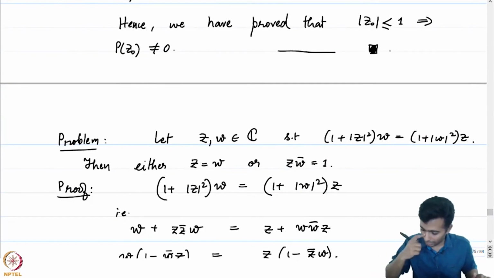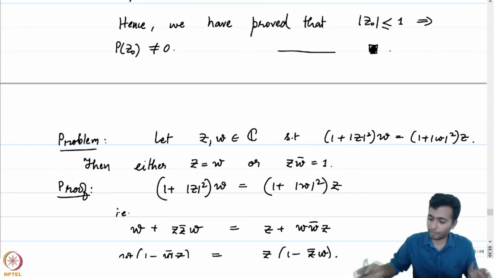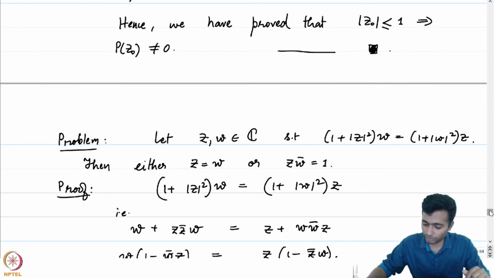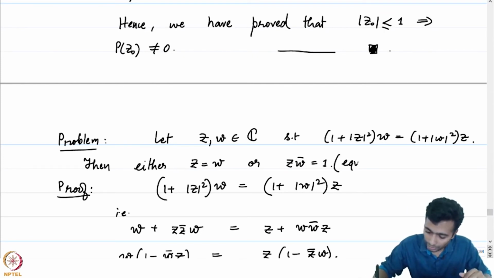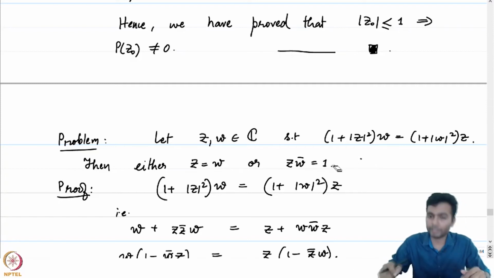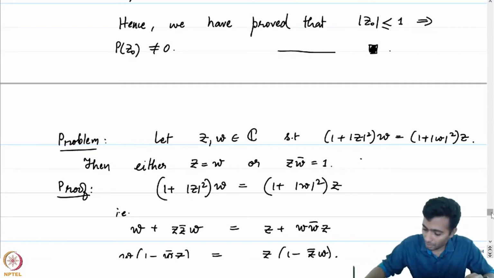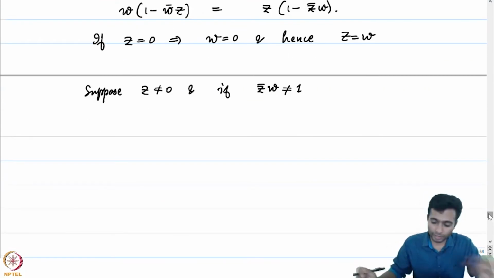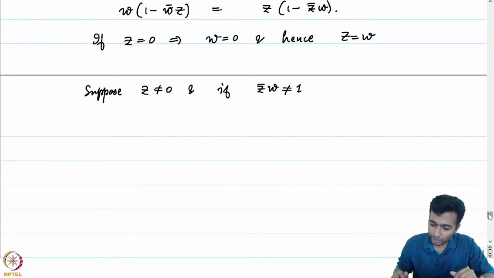Either z bar w or z w bar. If z bar w is equal to 1, its conjugate, which is z w bar, will also be equal to 1. So if it is equal to 1, again we are done. If it is not equal to 1, let's see what happens.